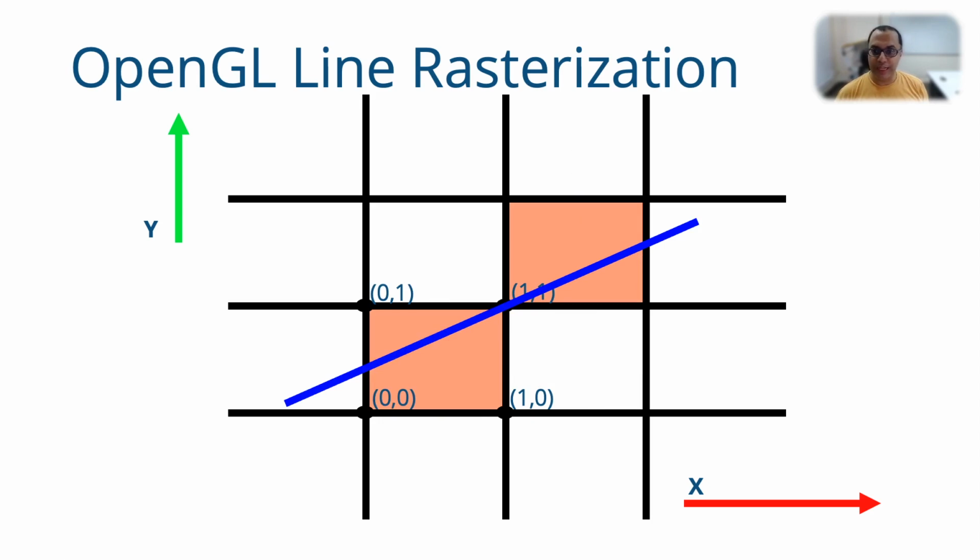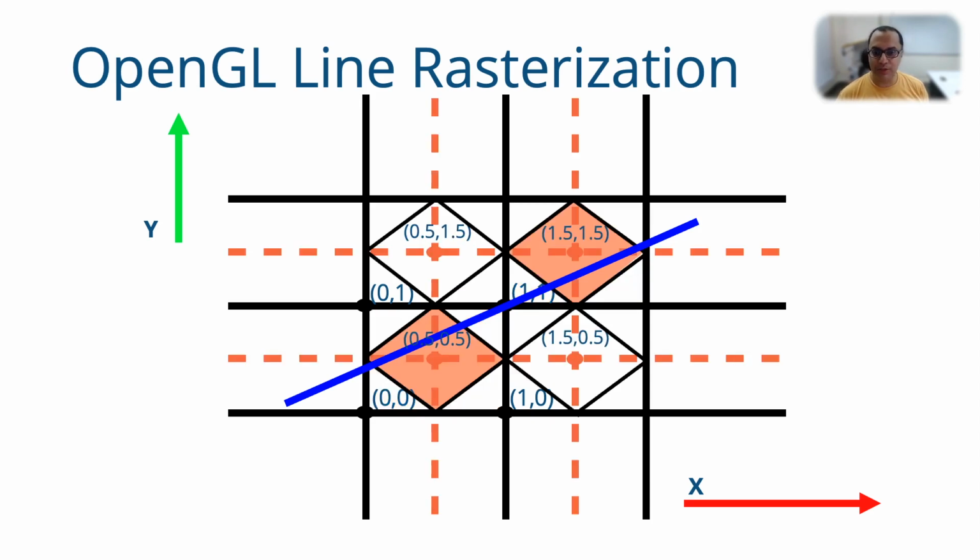That is OpenGL's specification for line rasterization. Whether you implement Bresenham or any other rasterization algorithm is not OpenGL's concern, but this is what your algorithm should output: if a line intersects the central diamond of a pixel, then that pixel should be colored.